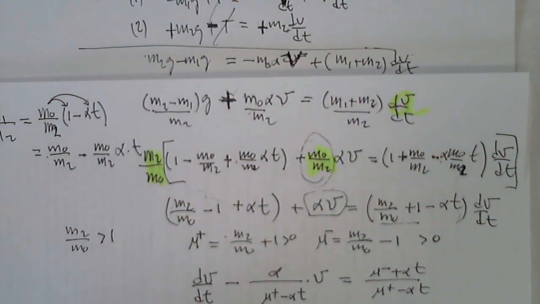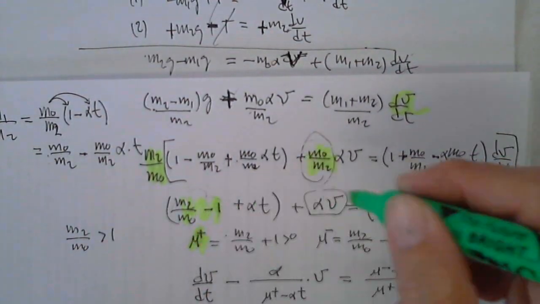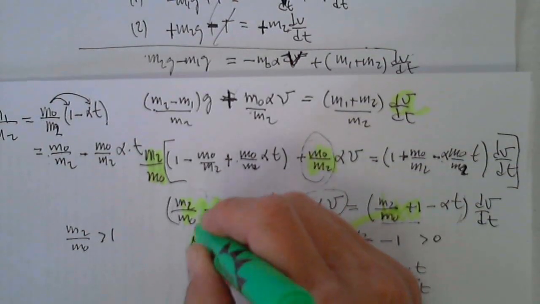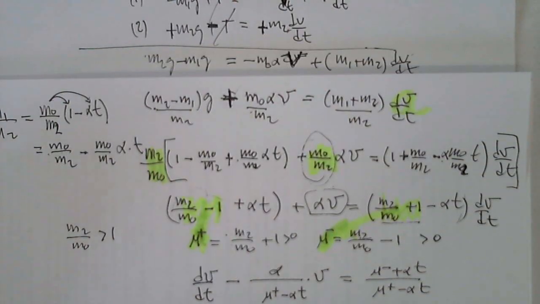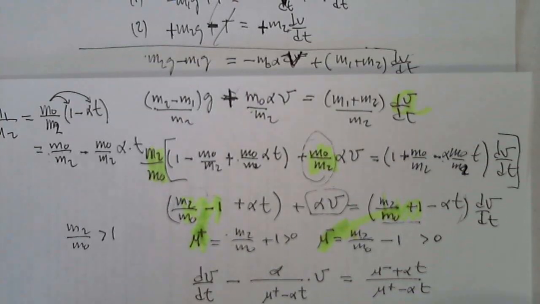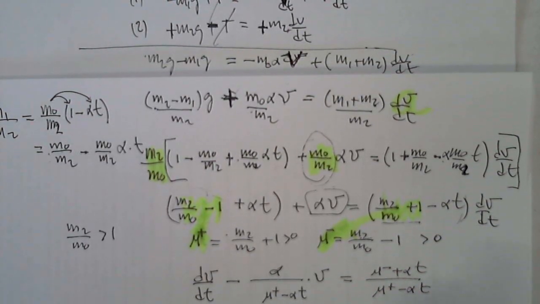Remember, I just make this a variable. The other way. So this is going to be called p of t. It's going to be this function here. And f of t is going to be what is on the right hand side. You're going to see why in a second.